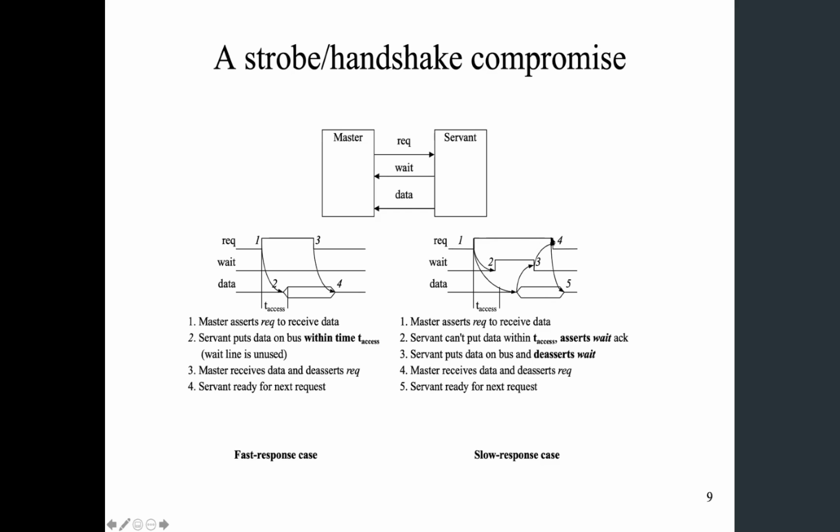Once it finishes reading, it will deassert the request, notifying the servant that this transaction is done. So this kind of design is very useful for the case when the servant is slow in responding. So with these two control signals and this Strobe handshake compromise protocol, we can handle both the fast response case and the slow response case.